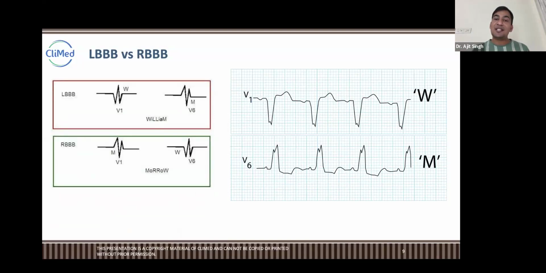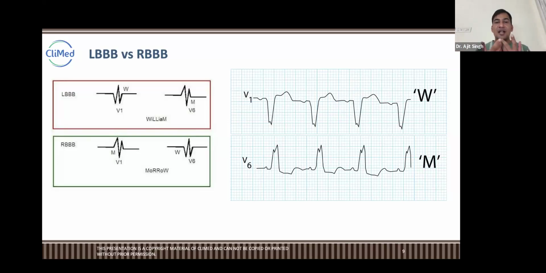If it is LBBB, it goes from W to M, and if it is right side, then M to W. To understand it simply, right means M, and it goes to an upside-down M. Left is always opposite, so it starts with the upside-down M and comes to the normal M.